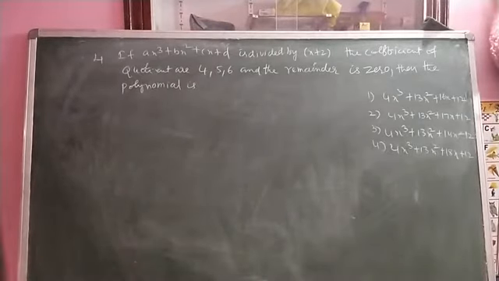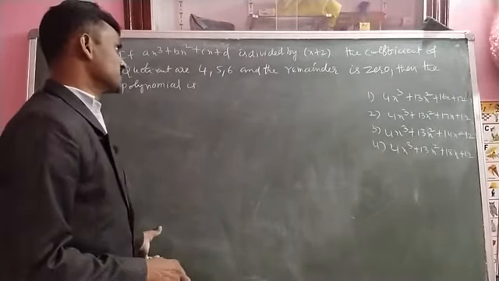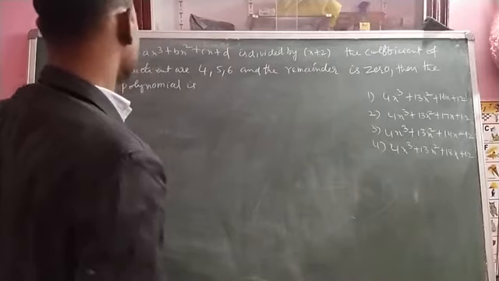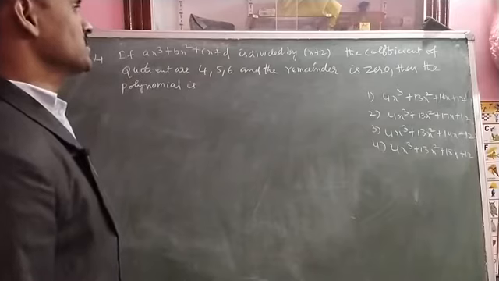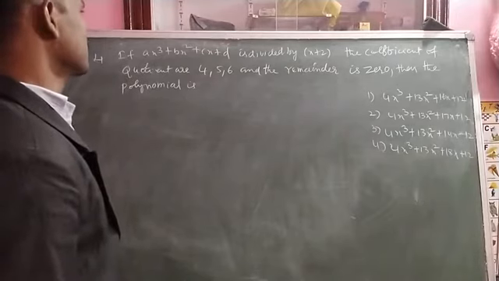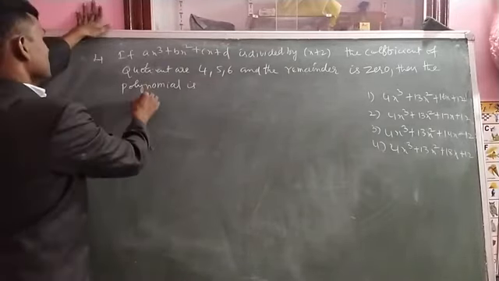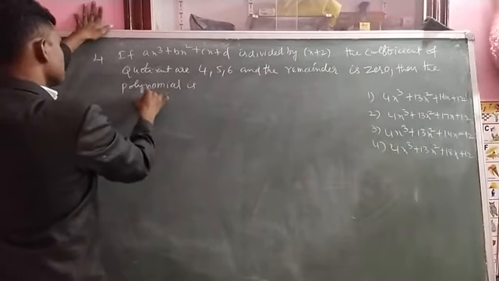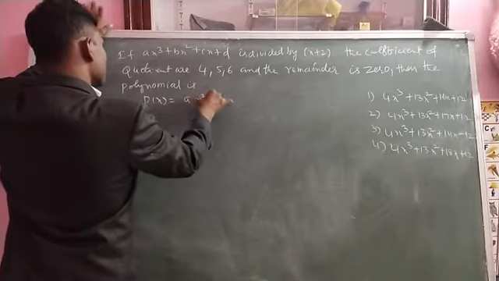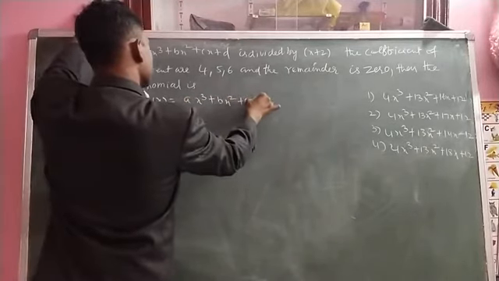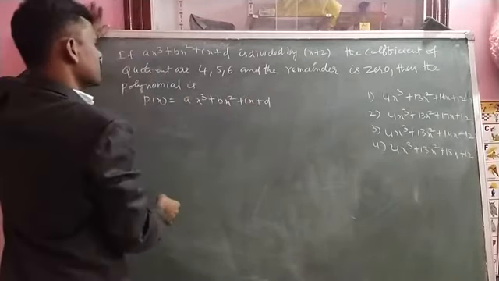Okay, next one is: if ax cube plus bx square plus cx plus d is divided by x plus 2, the quotients are 4, 5, 6 and remainder is 0, then the polynomial is, see here. This is a polynomial in terms of x, ax cube plus bx square plus cx plus d, divided by x plus 2.